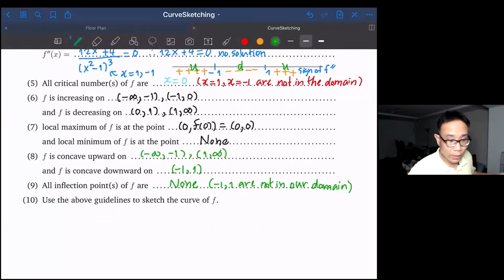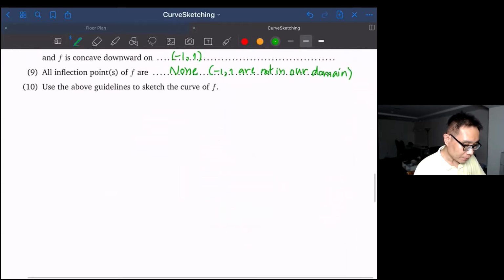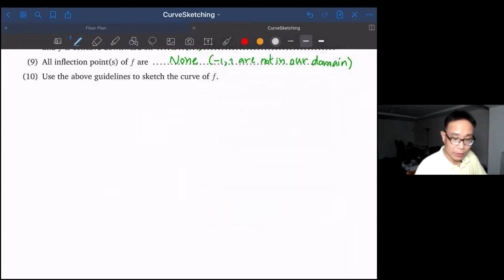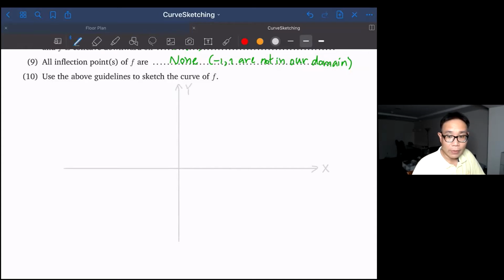So we're going to sketch the graph. In this graph, you're going to need quadrants 1, 2, 3, 4, with y and x axes. Okay, and you have to draw the horizontal asymptote first.